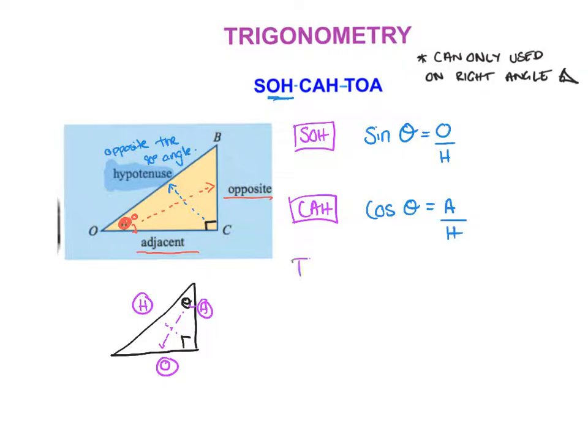And the last one, TOA, helps us recall that tan angle equals O over A. Sometimes it's easy just to write Sohcahtoa on the top of your paper so that you make sure you write out the rule correctly.